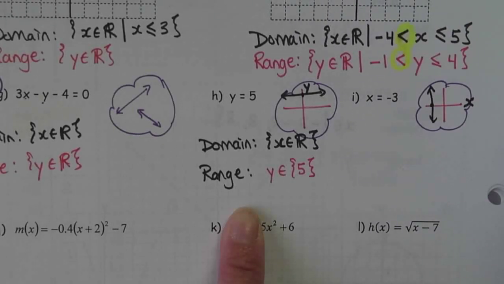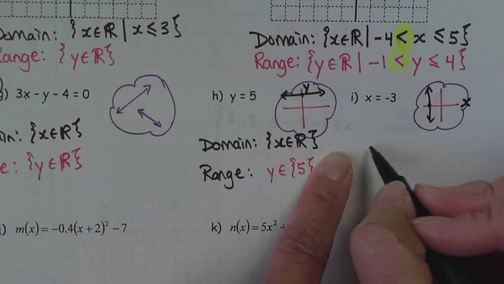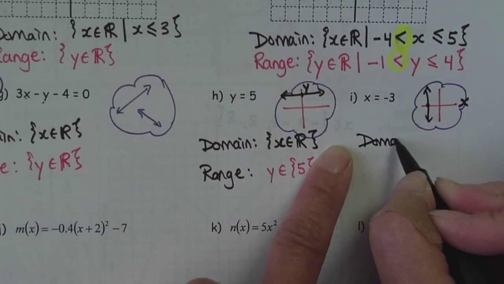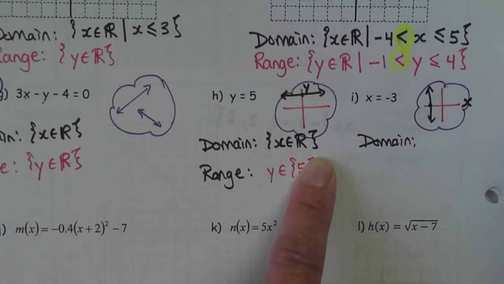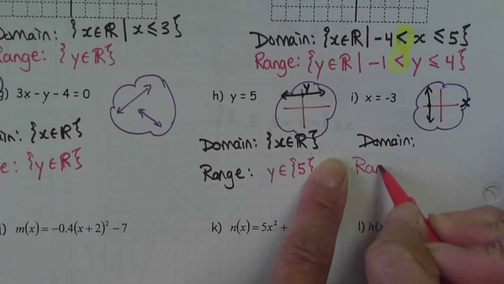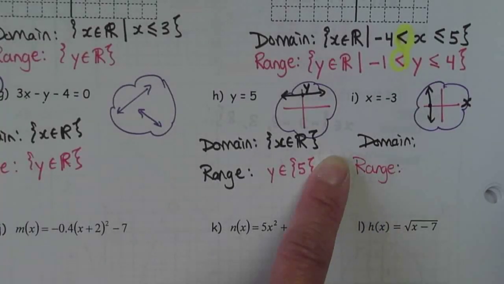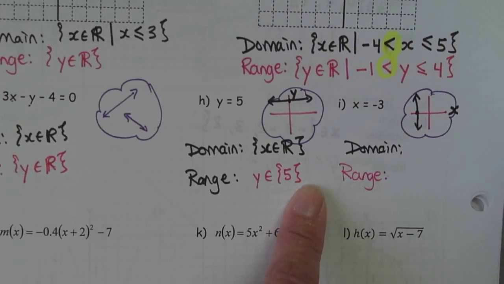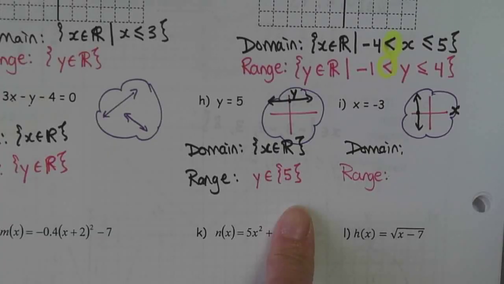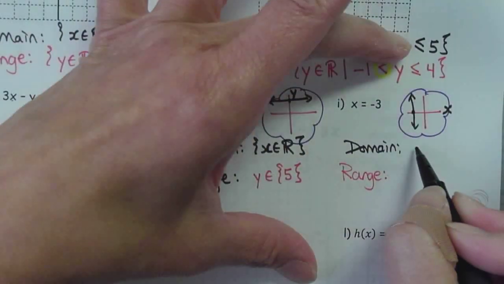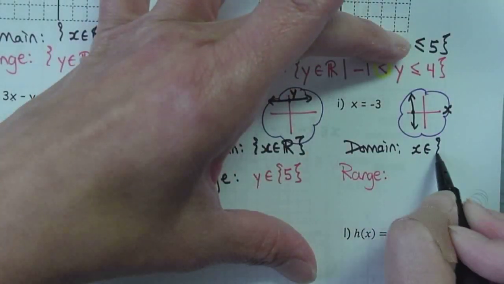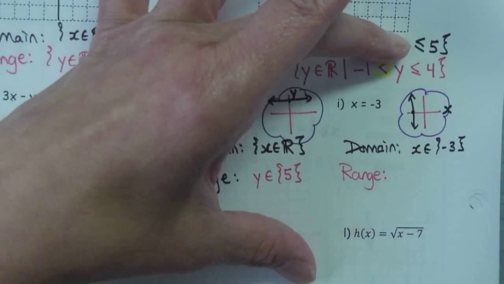Okay, given that, try it again and tell me for our vertical line, the domain and range. So the domain is... that's it. -3, -3, good.